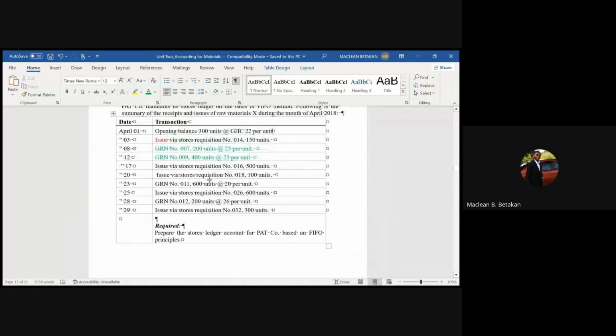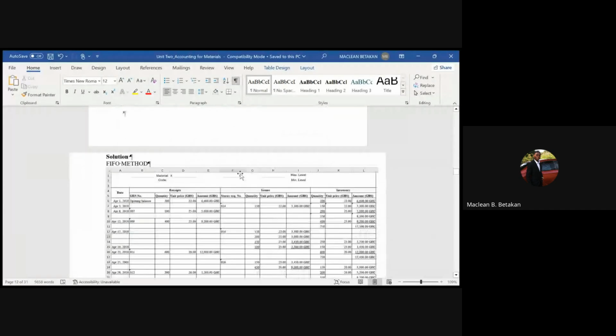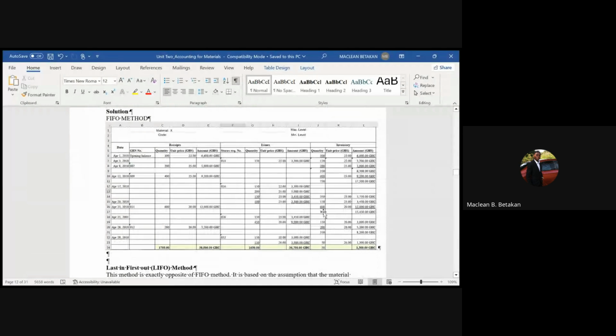So the next transaction is the 20th. So on the 20th, we are going to issue 100 units. Remember, we have 250, so we can still issue 100 units, right? So we are issuing 100 units from 250.